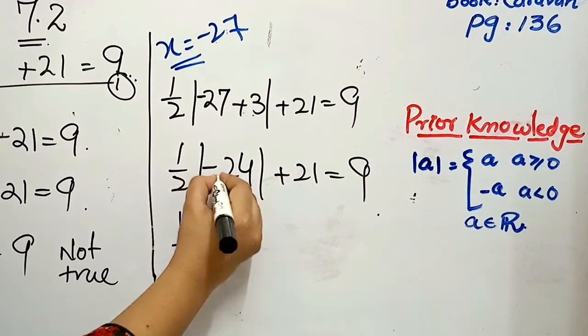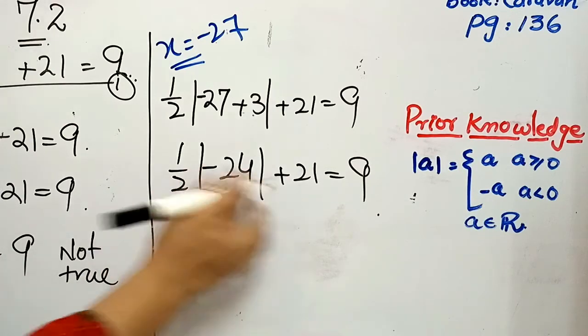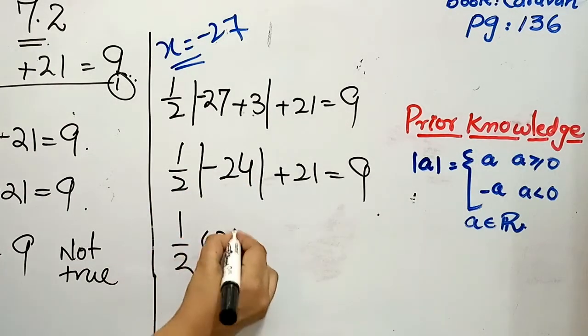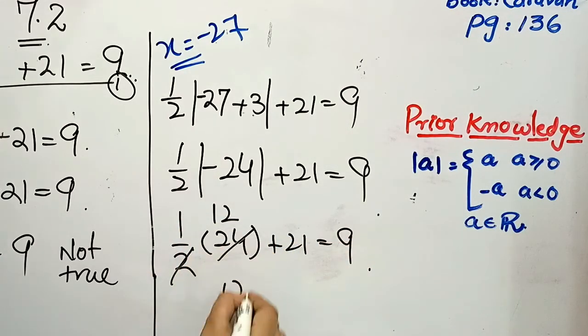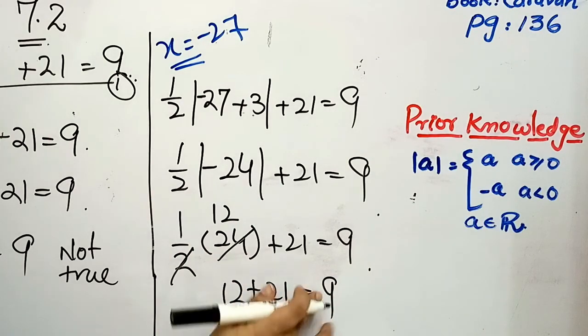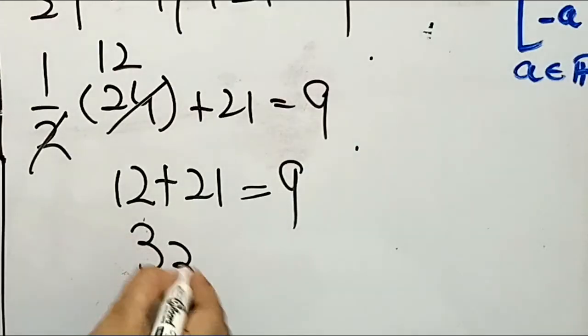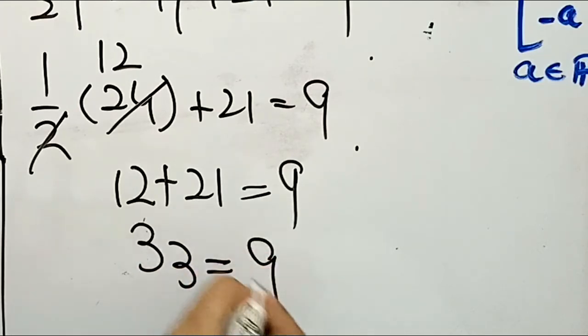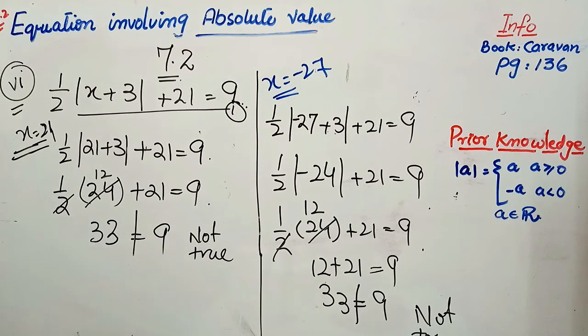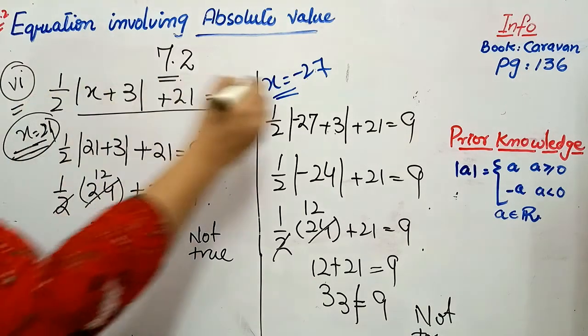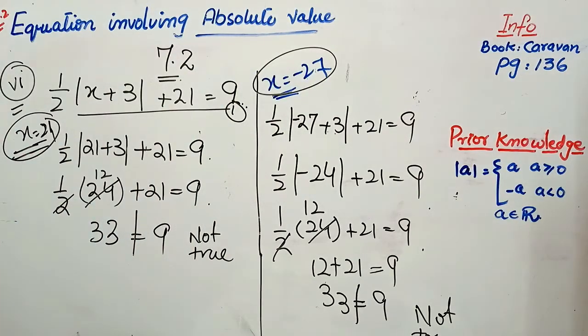So 1 upon 2, the negative will be converted into positive as the mod sign is there, plus 21 is equal to 9. 12 plus 21 is equal to 9, so 33 is equal to 9. That is not true. Both of these values, x is equal to 21 and x is equal to minus 27, are not satisfying this equation, so both are extraneous roots of this equation.